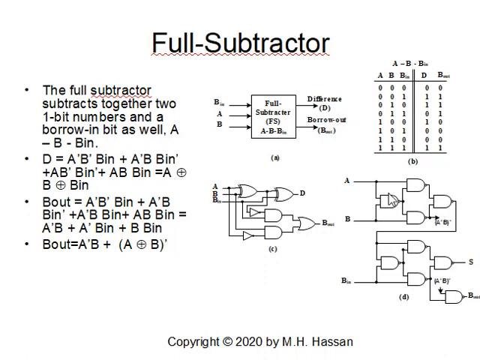Because if you cascade two exclusive OR, you will get D, which is A exclusive OR B exclusive OR Bn. Okay, so you have A, B, this is the output exclusive OR.